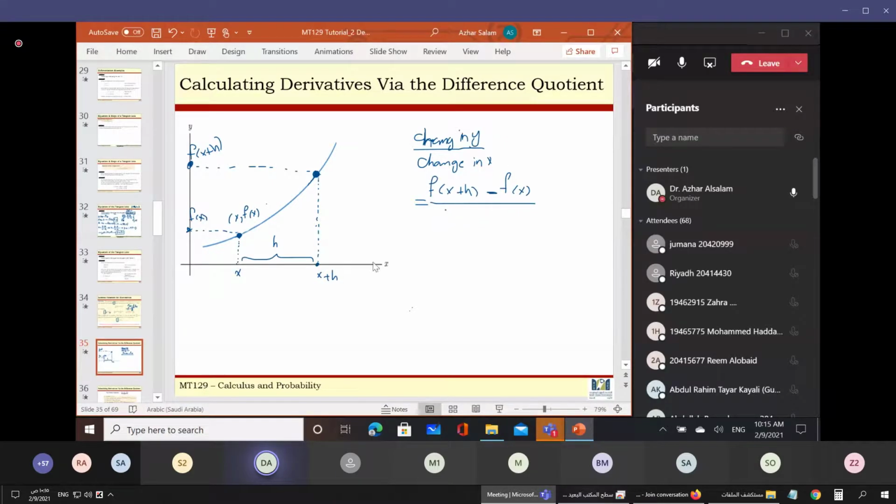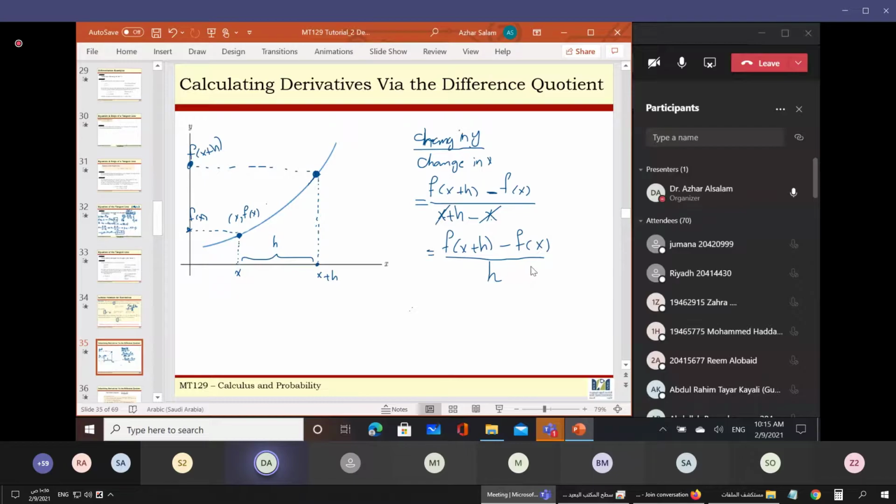The greater number here is x plus h minus x, so x minus x deletes, and I will have f of x plus h minus f of x divided by h. So I have here a quotient.